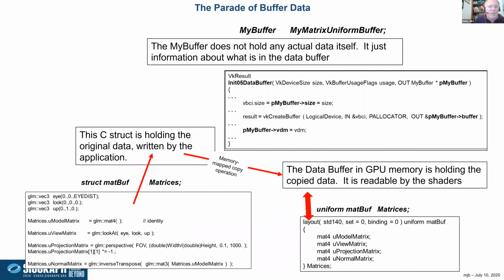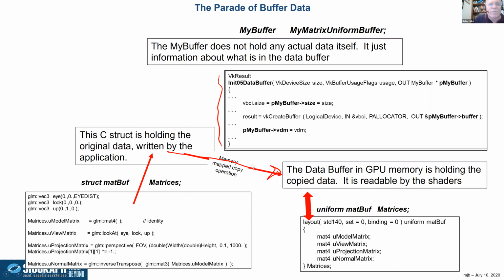And then here's how it's going to write it. So there's a data buffer. Here we are passing the matrix structure and creating a data buffer for the matrix structure. And then we are doing a memory mapped copy into that data buffer. That's how we update uniform variables: we copy them out of the CPU into a place in GPU memory.